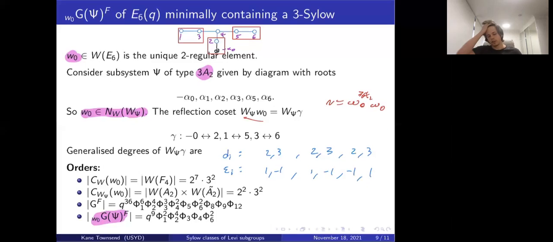And from that, you can state that the generalized degrees are the following. And from Lehrer–Springer theory, we can quickly calculate what these groups are. And in particular, I want to pay attention to the factor of 3 that's dividing them.